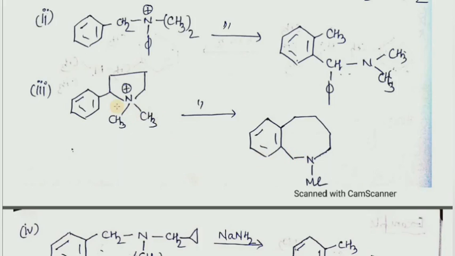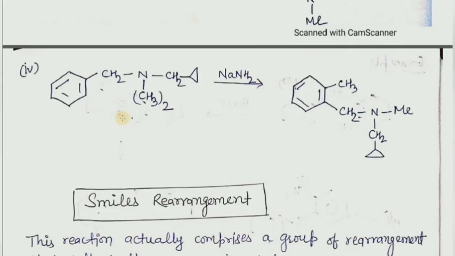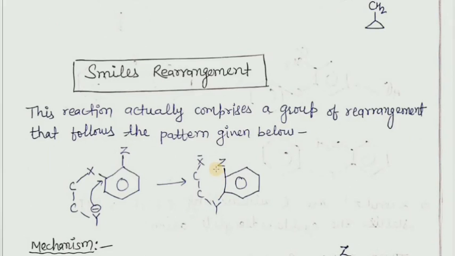After this dissociation, we will get an eight-membered ring: 1, 2, 3, 4, 5, 6, 7, 8. So this is our product. And the last one is also a good example of the Sommelet-Hauser reaction.